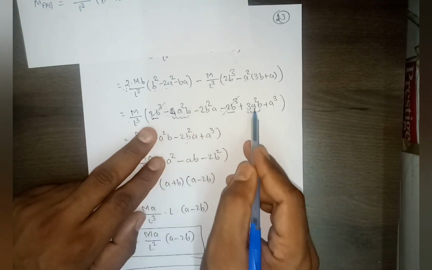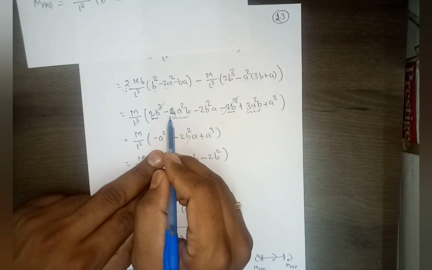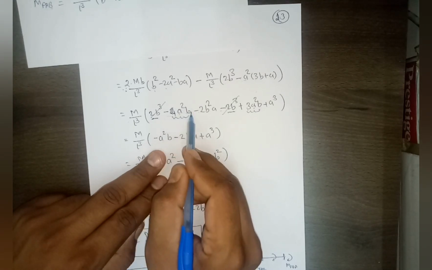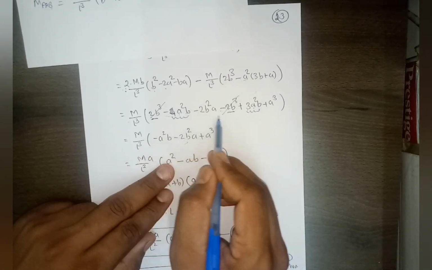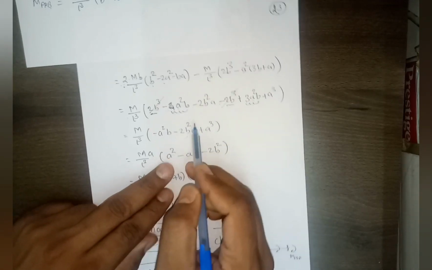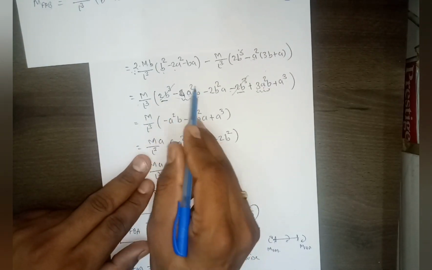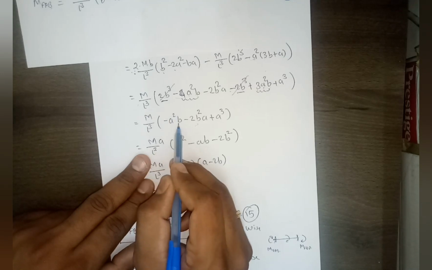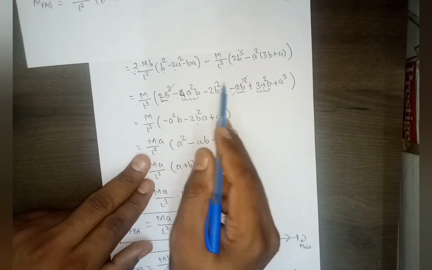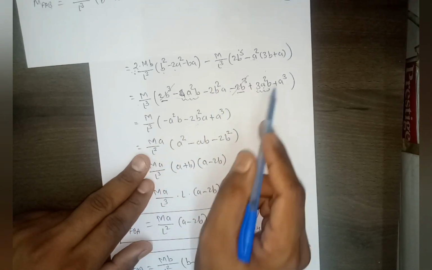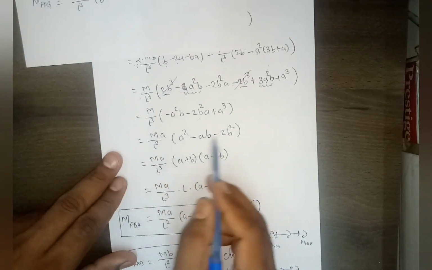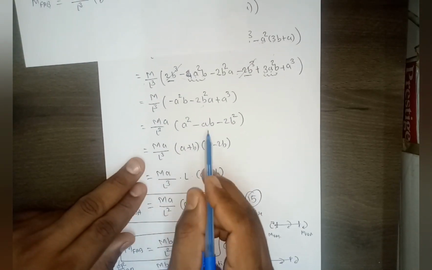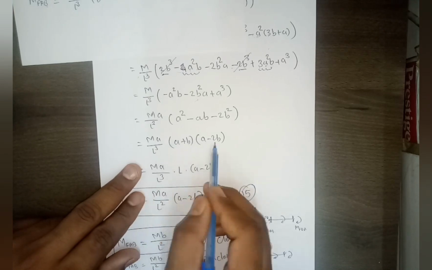So this is minus, this is plus, so remaining will be a square b term only, 4 minus 3. Then remaining these two terms will be as they are. So from here I am getting minus a square b, then this term as it is, and then this last term will be there.